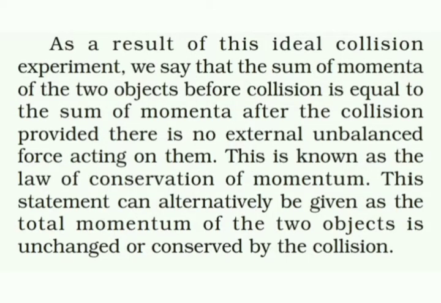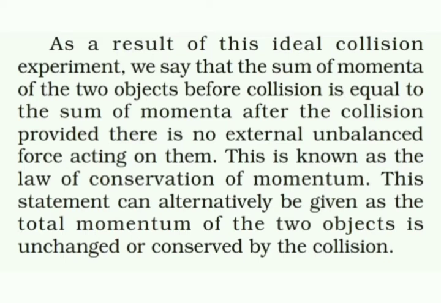As a result of this ideal collision experiment, we say that the sum of momenta of two objects before collision is equal to the sum of momenta after the collision, provided there is no external unbalanced force acting on them. This is known as the law of conservation of momentum.